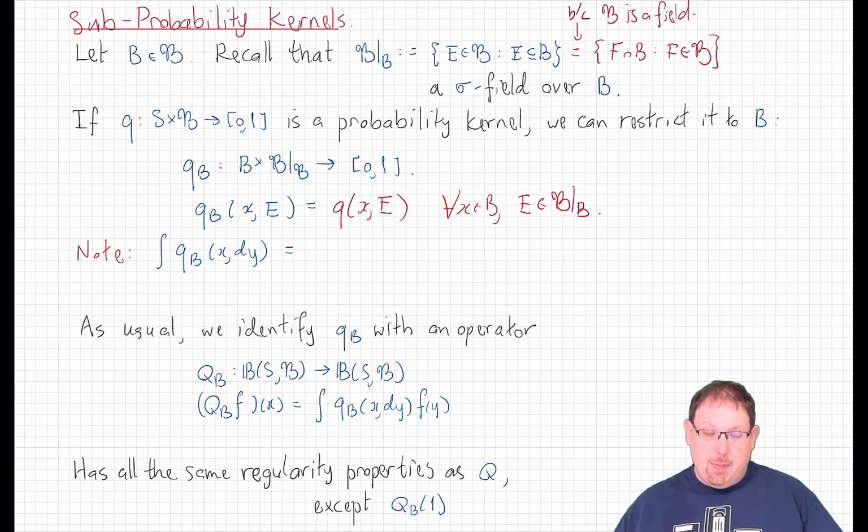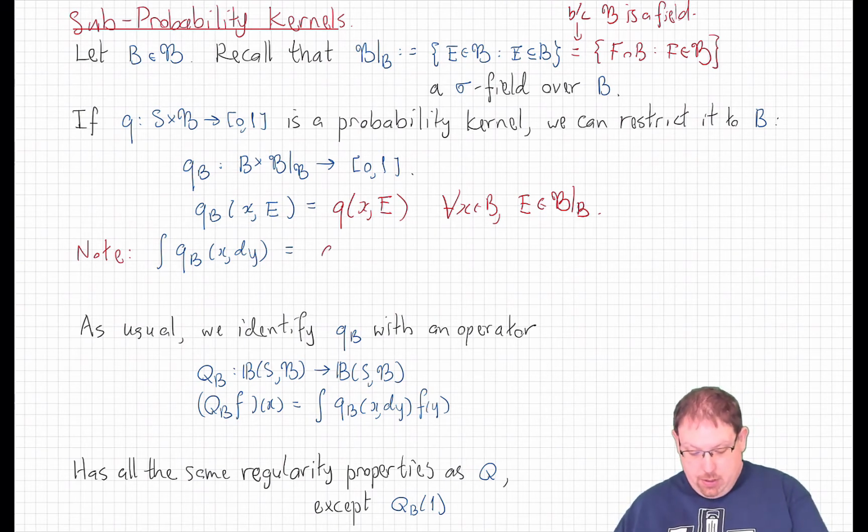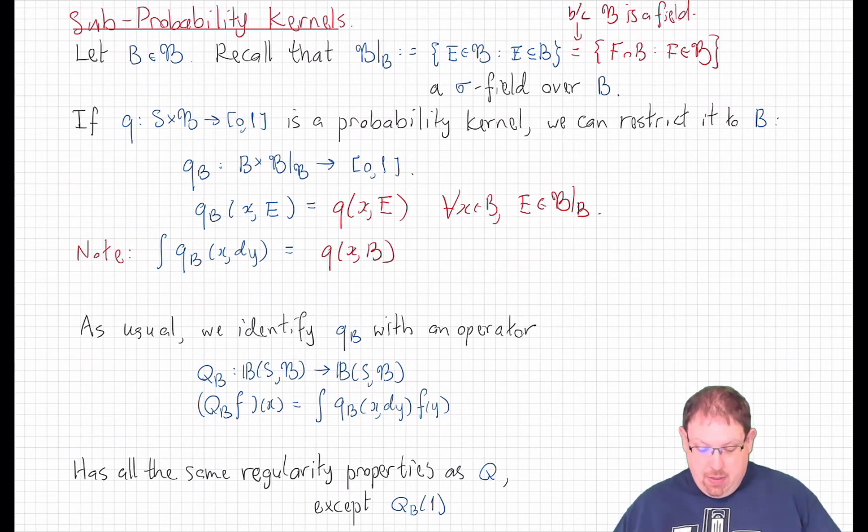But if we're going to be pedantic and careful about this, then we should note right away one problem, which is not a big problem in the end as long as we're careful: if we integrate this kernel for any fixed x, what we get is, of course, Q of x and B. Now that is not necessarily equal to 1.